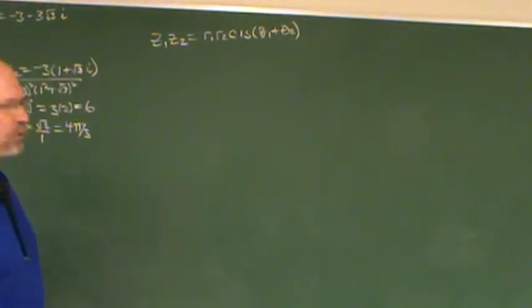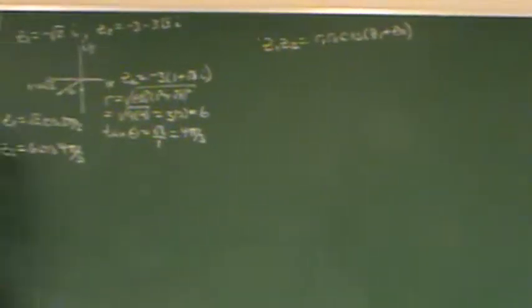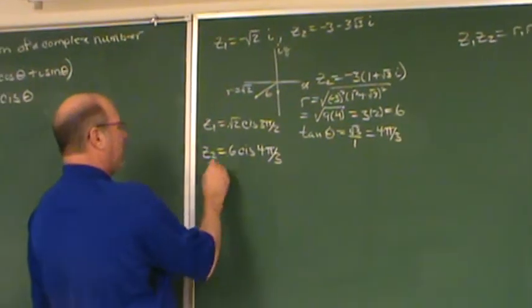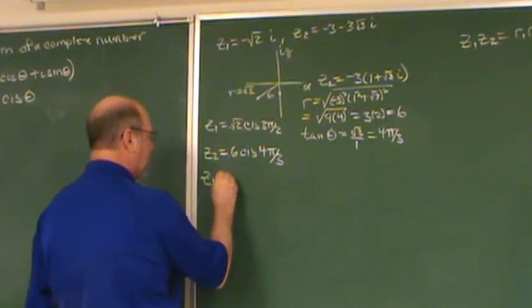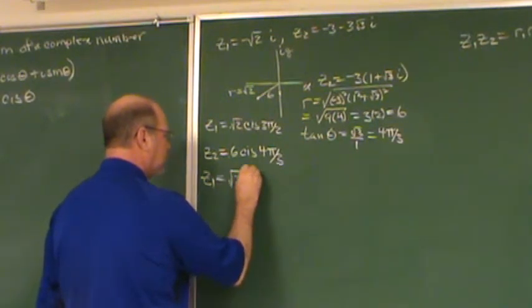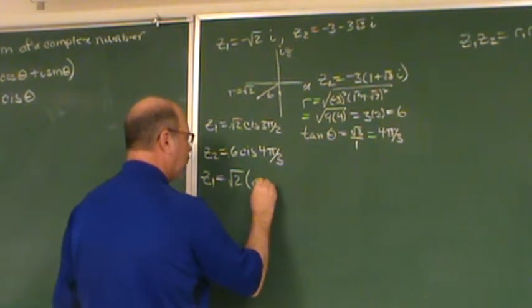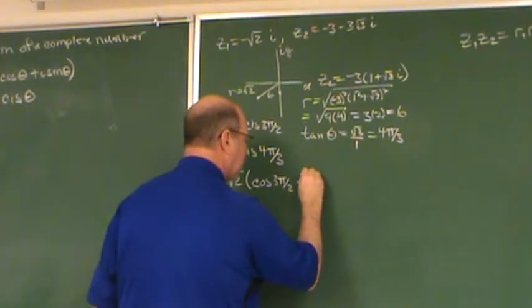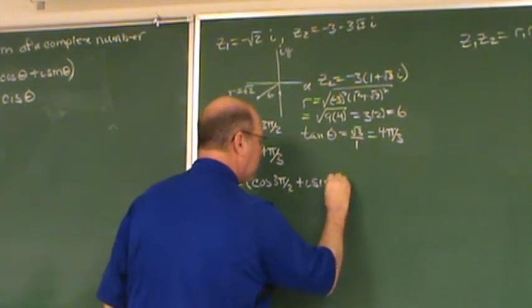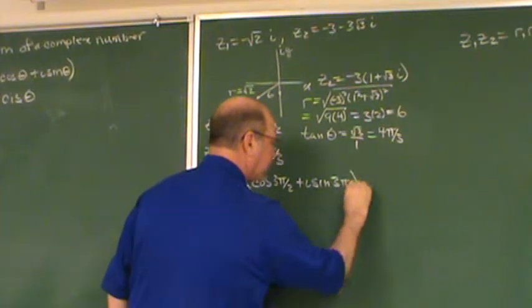Now, I should point out to you that the software WebAssign will not take this cis form. You have to write it out. We'd have to type into the software z1 as the square root of 2 times the quantity cosine 3 pi over 2 plus i sine 3 pi over 2.